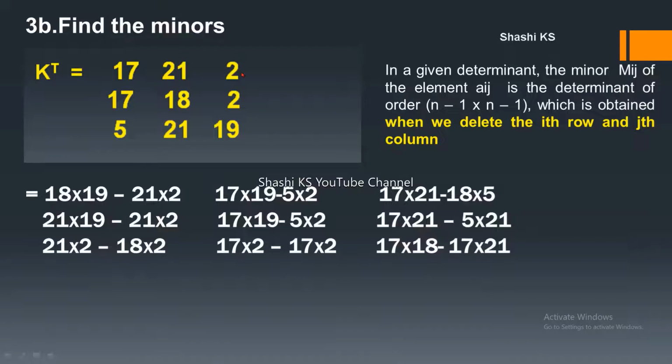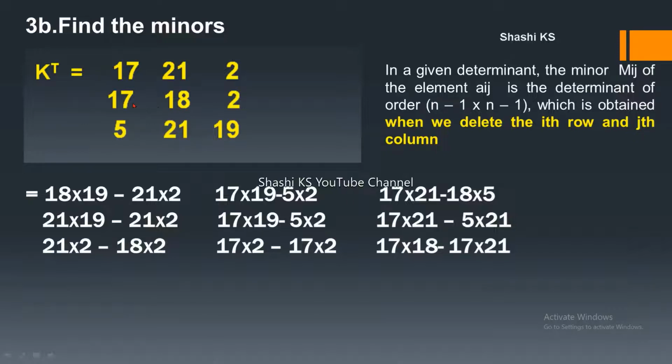For the third element, 2, hide the third column and the first row. 2 is present in the first row, so delete that first row. 2 is present in the third column, so delete that third column. The remaining elements you get are 17, 18, 5 and 21.